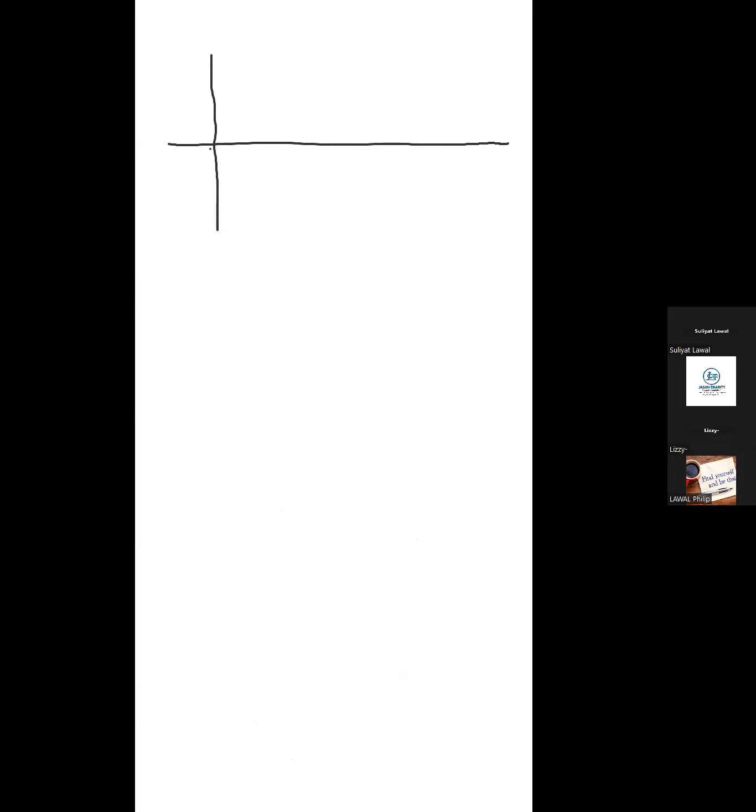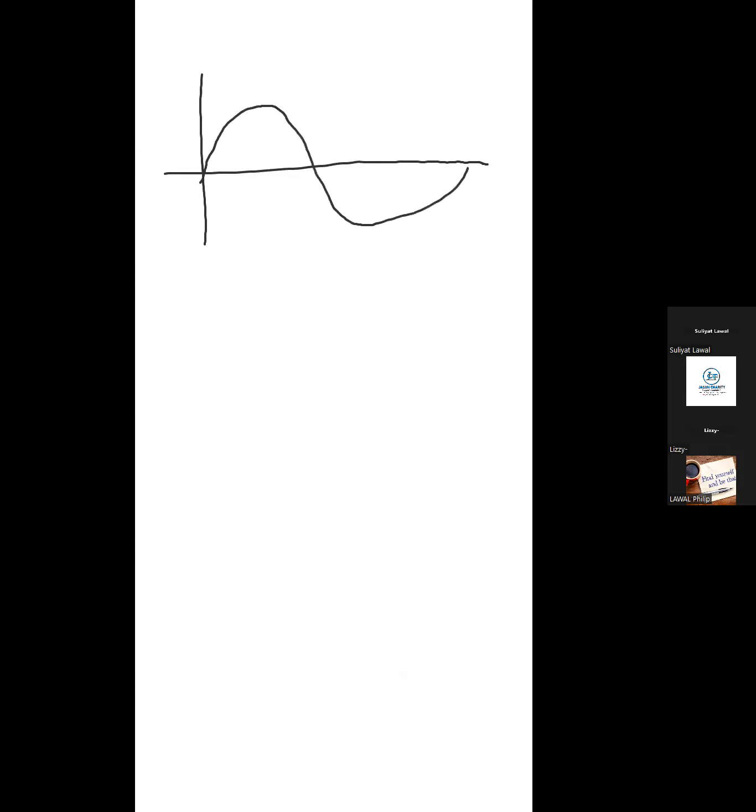We can graph them using what we call a sine wave. I'll bring it back up. We can graph it this way. The process, and I'm going to demonstrate it.